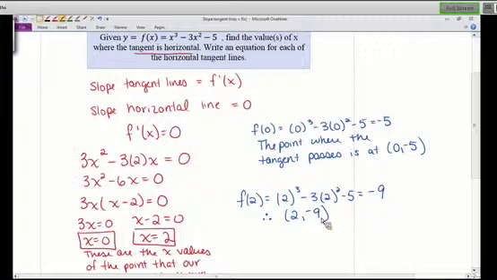Now, to finally answer the question, it asks us for the equation.